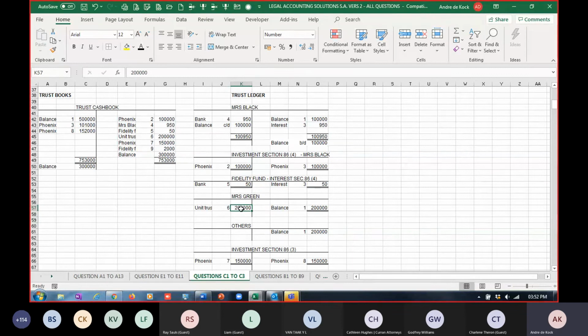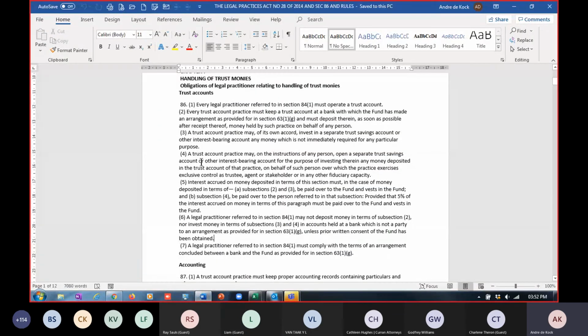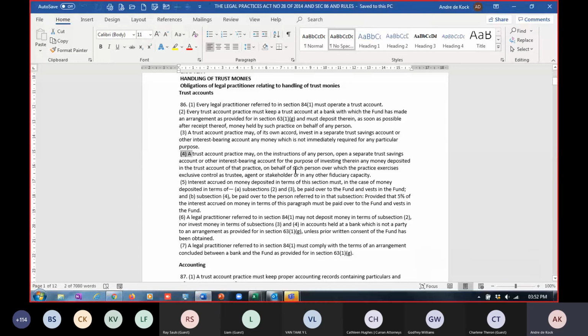I'm glad that you asked that question, because over here, Section 86.4 says, for the purpose of investing on behalf of such person, this is an investment over which the practice exercises exclusive control as trustee or agent.